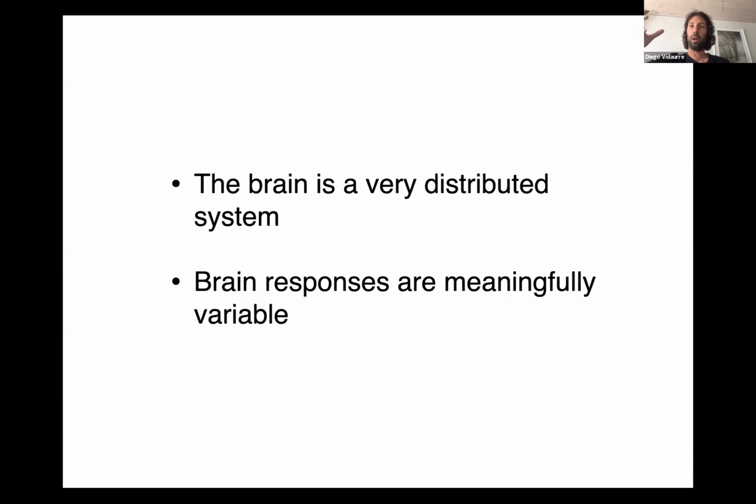Cognition, for example, can only make sense if you consider the brain as a very interrelated system. The second one also seems obvious and common sense, but you will see that sometimes in practice, we are a little bit at odds with these things when we do standard analysis. The second one is that brain responses are meaningfully variable, and you will see what I mean by that.